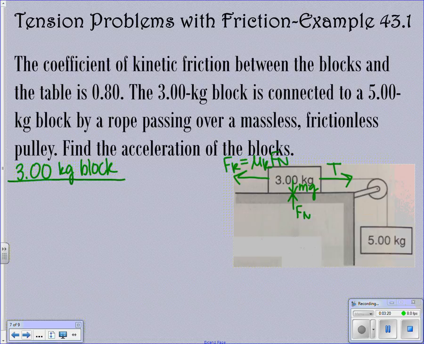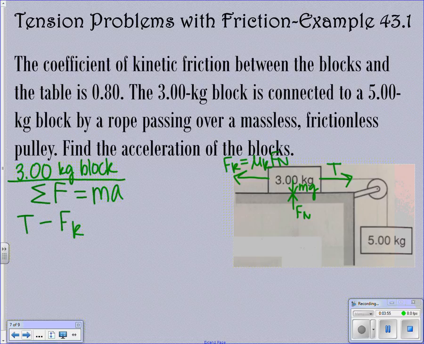So our horizontal forces, since we have it moving, the sum of the forces is going to equal the mass times the acceleration. In this example, our tension is one horizontal force, and the other horizontal force is the F sub K. We know that it's moving over the frictionless pulley, going to the right, so the tension is going to have to be greater than the kinetic friction force for it to move.